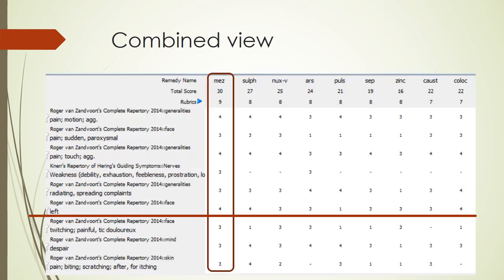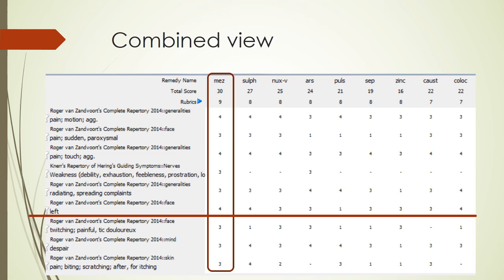I can also take a combined view of these 2 repertorial analyses. The first one is marked above the line, the second one is below the line, and when I combine the 2, once again, Meserium comes up a clear winner. You will notice that the remedies that follow are large polycrests: sulfur, nux vomica, arsenicum, pulsatilla, sepia.